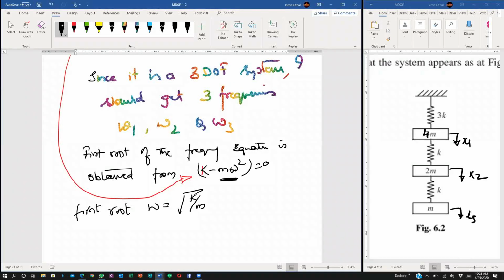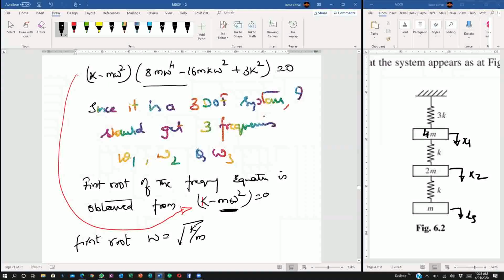Okay, how about the second root now? For the second and third root, I have to use this particular equation. So how to get that one? Very simple.